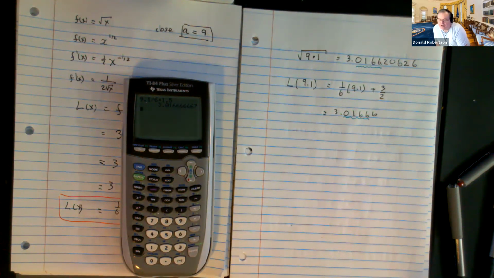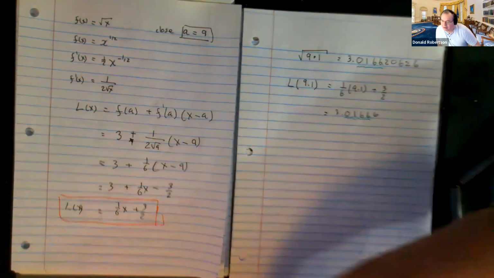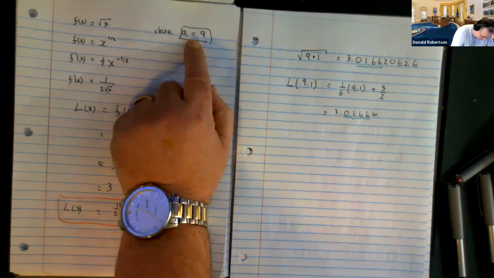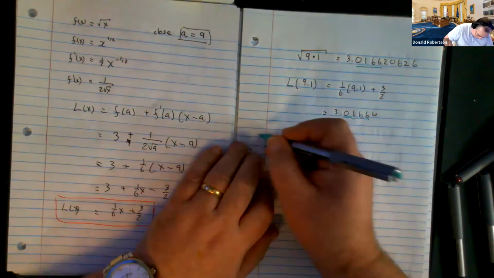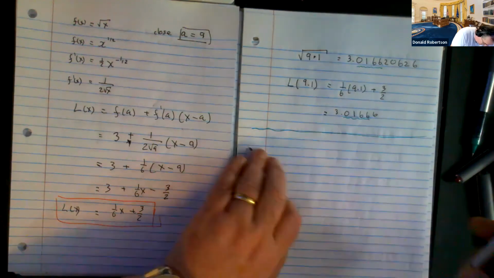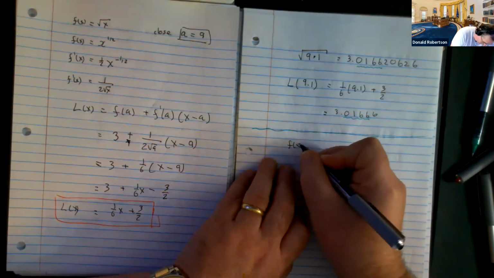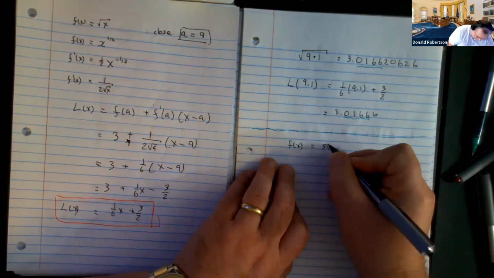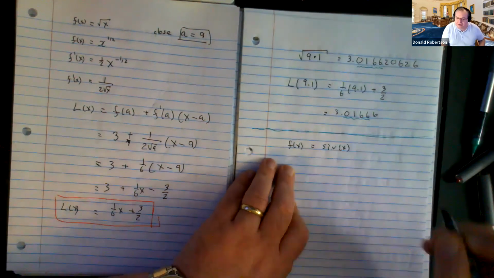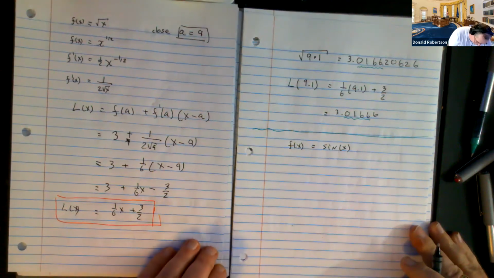We now have a way of estimating the value of any function as long as you stay close to this point. Let's try a new function. Keep it simple. Sine of x. And we're going to do it close to 0.